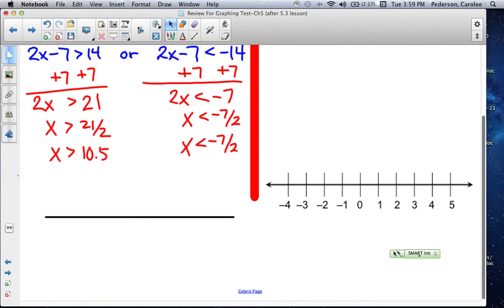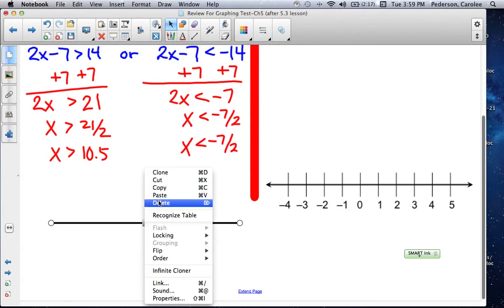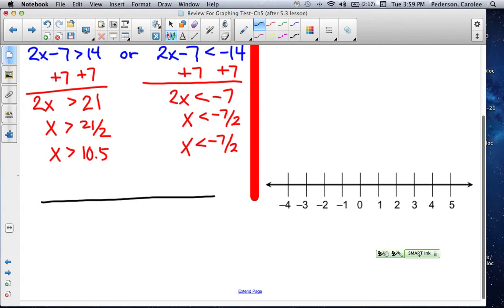Let's try one more time. All right, let's go back to our pen again. So here's 0, and then we'll just go 2, 4, 6, 8, 10. And then this way, negative 2, negative 4, negative 6.